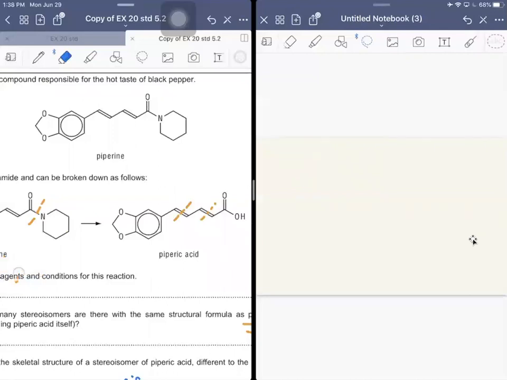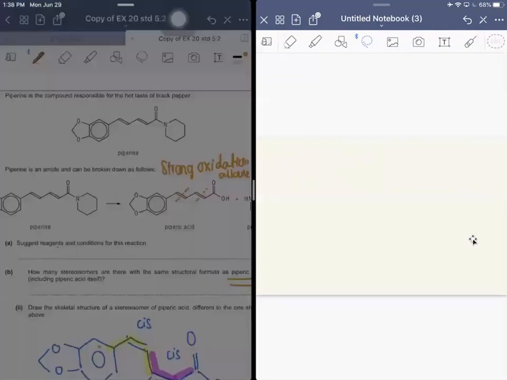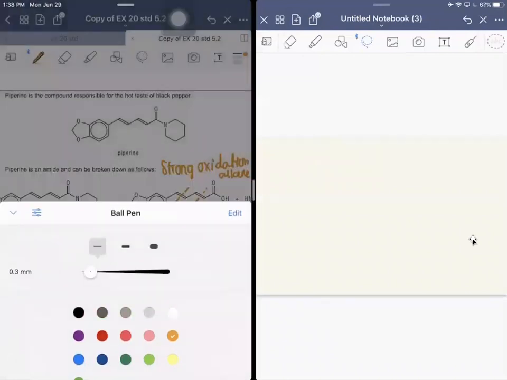To know the product of the strong oxidation of alkene, if you want to refer this to your notes, this is under strong oxidation of alkene. To know the products, you need to know what is attached on the carbon. Again, I'm going to redraw this.